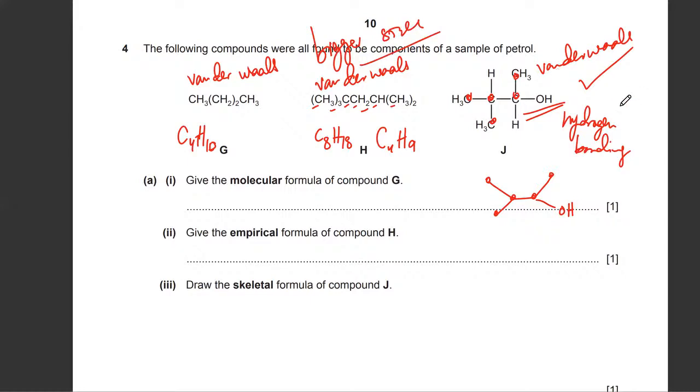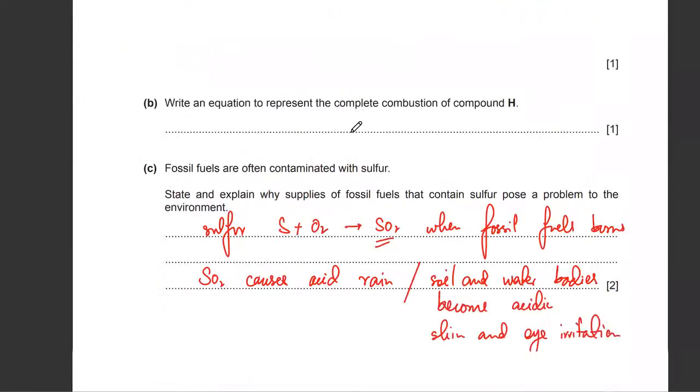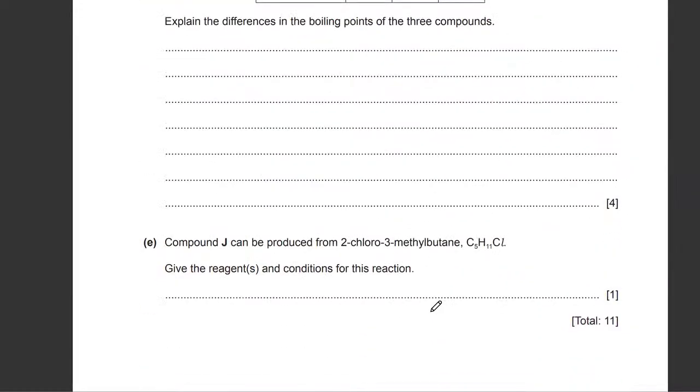Because it's got hydrogen bonding. और फिर वो बताना भी है कि hydrogen bonding, more energy is needed to break hydrogen bonds. These two have van der Waals forces only. But H has more van der Waals forces because it's a bigger molecule, so it requires more energy to overcome those forces.